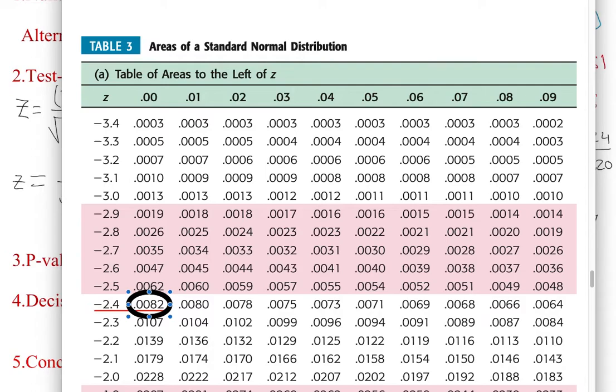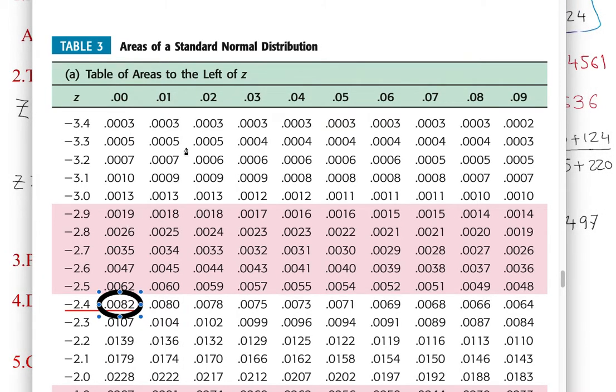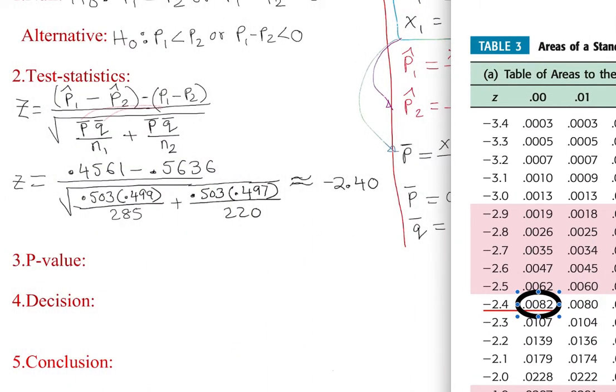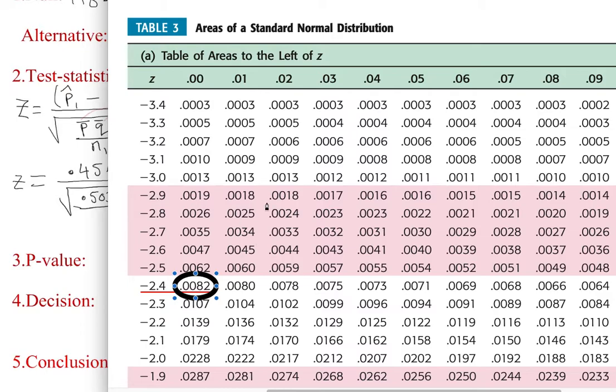Again, if the z value is negative 2.49, we would come down here, and that's where we get our phi value. Also, because this is a left tail, the z table will only give the area on the left tail. If it is the right tail, we have to go to the opposite table to get the area.